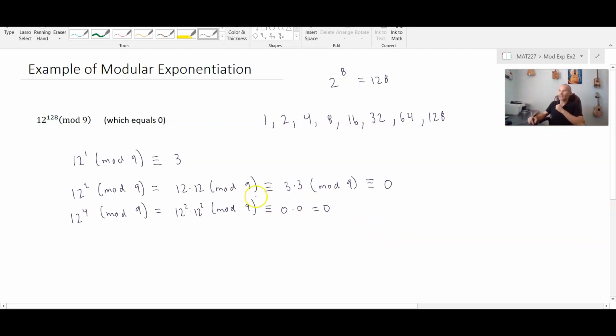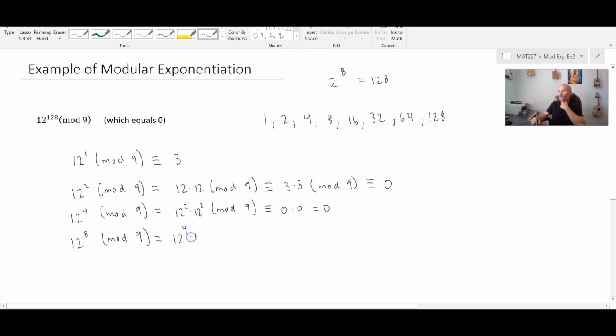So the fascinating part here is that if we iterate another step, 12 to the 8th mod 9, and we're going to actually stop short of making it to 128 because we're going to see that this is just going to result in remainders of 0 across the board.